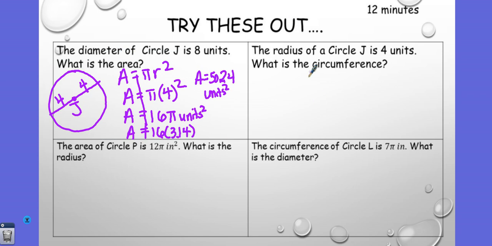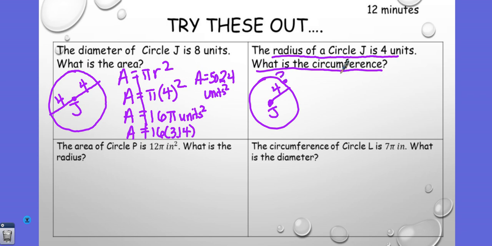Okay, so here the next one says the radius of circle J is 4 units. What is the circumference? So I'm going to draw my circle J, and it said the radius is 4, and it wants me to find out what is the circumference. So it wants me to find the outside. So we're going to say C equals 2 pi r, and this is on your formula sheet, circumference of a circle.